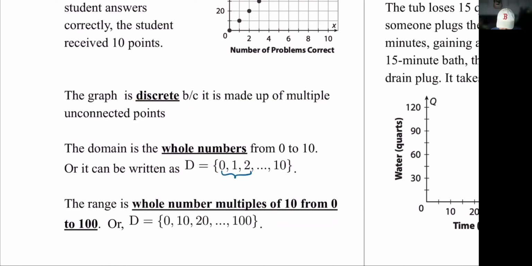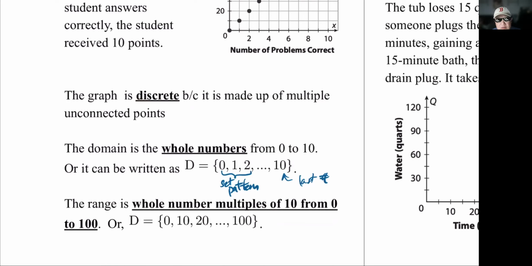Here, clearly the numbers go up by 1, starting with 0. The dots mean you continue the exact same pattern. So it'll be 0, 1, 2, 3, 4, 5, 6, 7, 8, 9. And then you always want to write down the last number. That's a fairly common convention that we use.